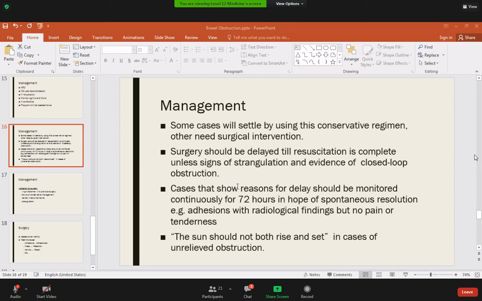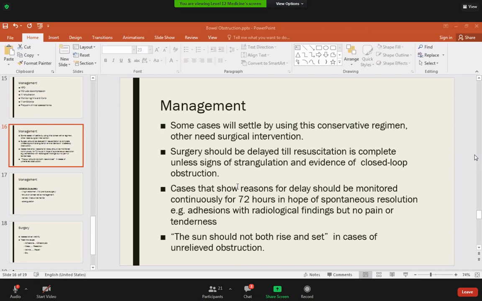I can say this is a very beautiful saying by one of the very earliest surgeons, that the sun should not both rise and set on an unrelieved obstruction. It means that if you have a patient presenting to you with obstruction and you started resuscitation, but the patient is not settling, and you started it in the morning and now it is near evening time, don't observe too much.